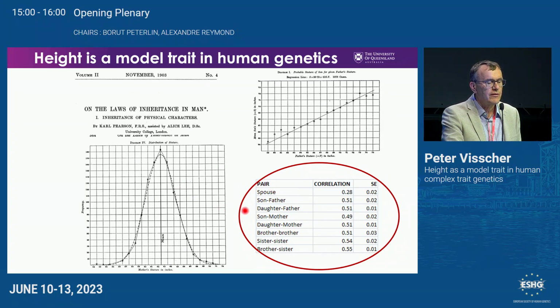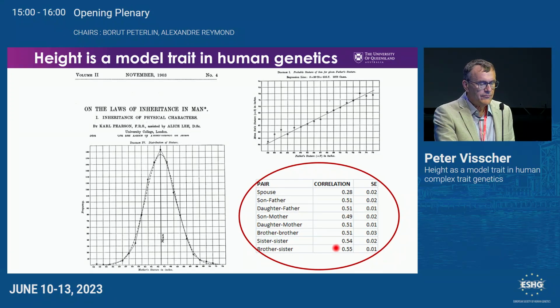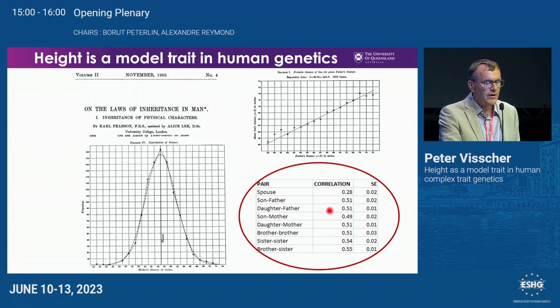These are all first-degree relatives. And as you can see, these correlations are all about 0.5, with very small standard errors, meaning large sample sizes, and they also observed this correlation between spouses. And what is really interesting is that if you look at contemporary data nowadays, for example in the UK Biobank, these results are actually very similar, more than 100 years later.